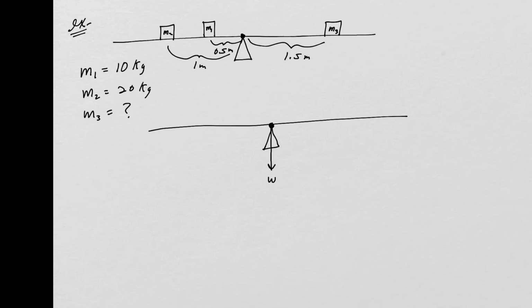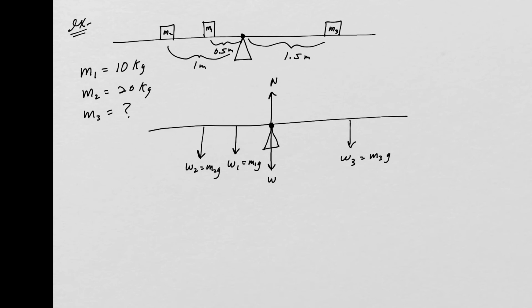Then I have a normal force acting up, from the stand itself, from the knife edge there. Then I have a weight due to object 1, which I'll call weight 1, and we know how to compute that: it's M1G. Weight 2 is M2G. And then the weight due to object 3 is M3G.